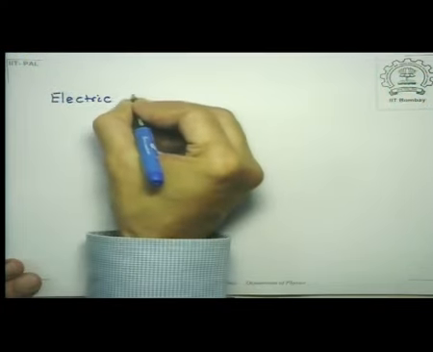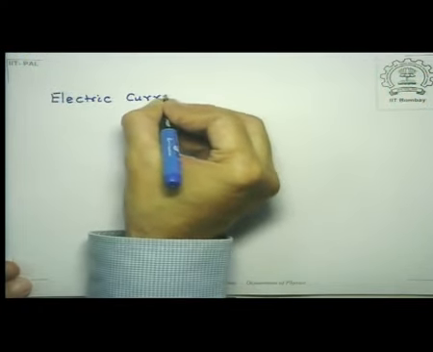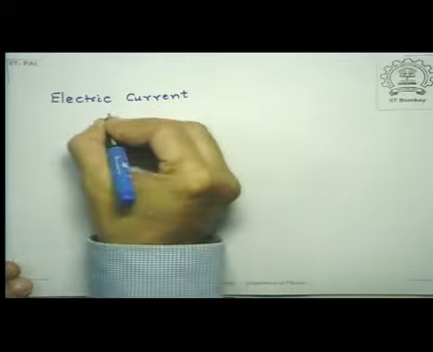What we are interested in are situations where the current remains steady, and in this lecture and the subsequent ones we will be primarily interested in steady currents, and later we will see that steady currents also become sources of magnetic field. Very loosely speaking, electric current is nothing but flow of charges.